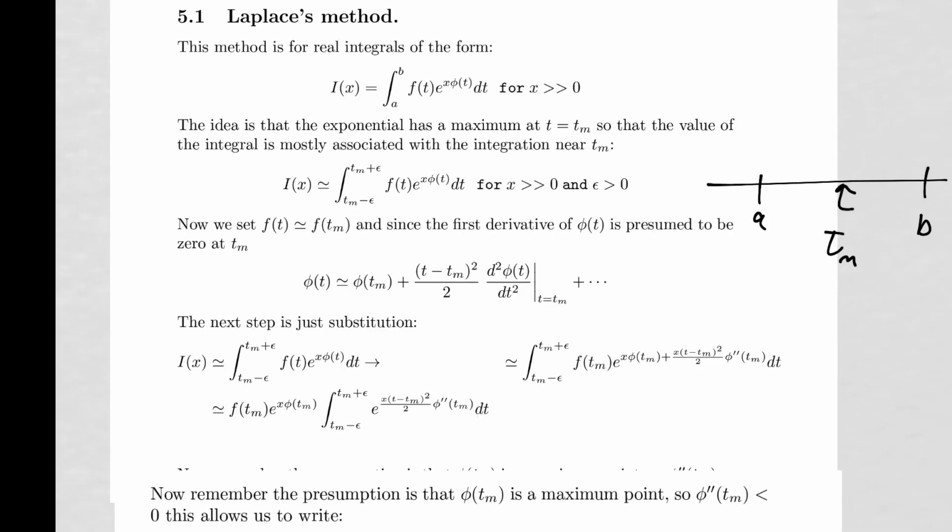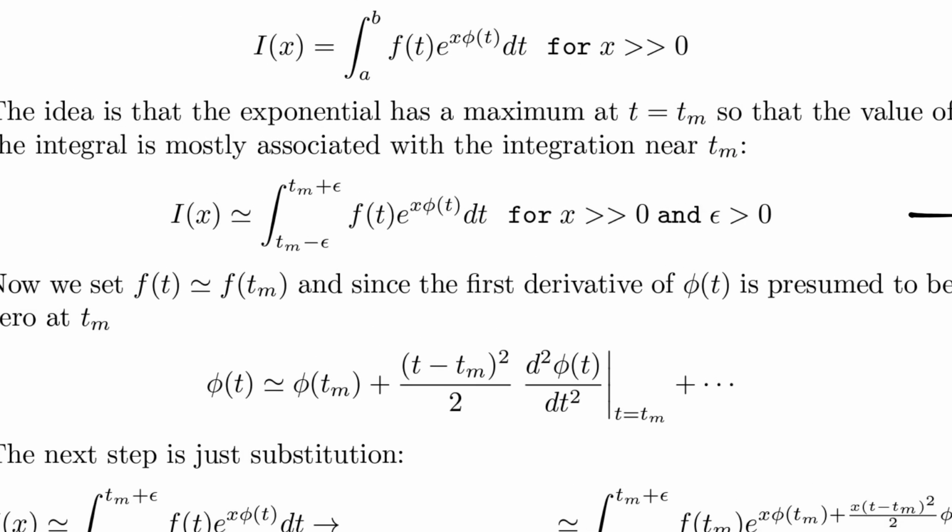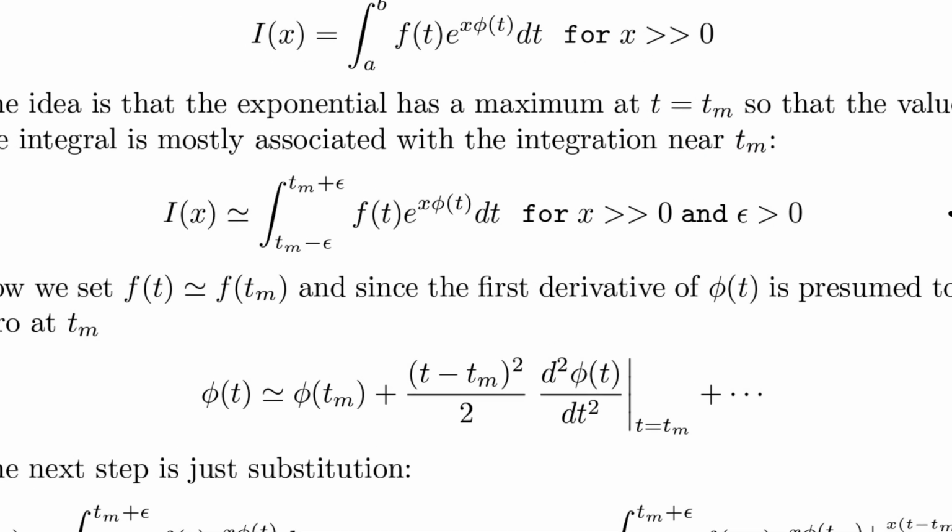So the basic idea here is that the value of this integral is really going to be dominated by the portion of the integral right around t sub m, where t sub m is the maximum value of this function psi, the function that's in the argument of the exponential.